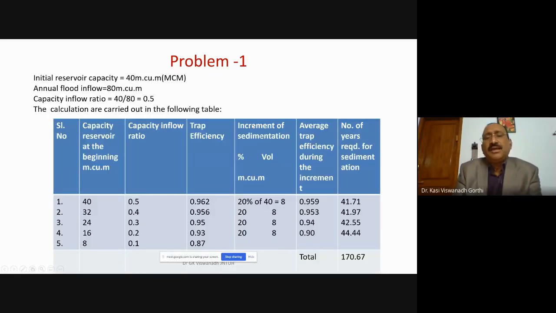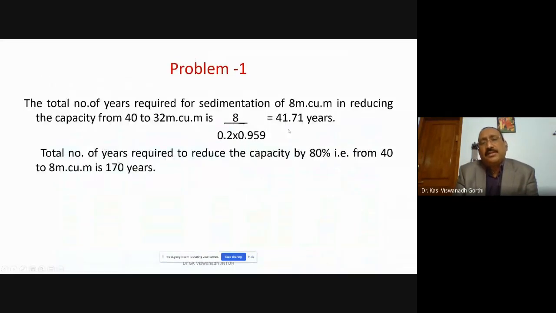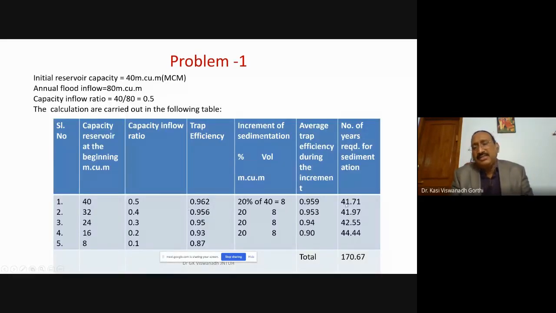You are taking 20%, 0.2, and then you get 41 years. The total number of years required to reduce the capacity from 40 to 32 is 41 years.